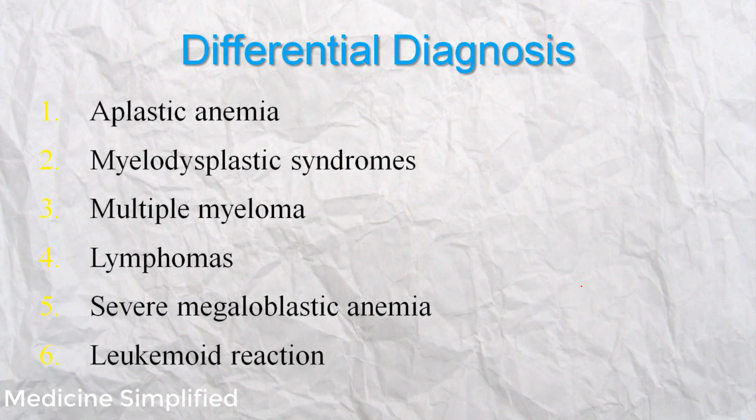Coming to the differential diagnosis, first one is aplastic anemia, second myelodysplastic syndromes, third multiple myeloma, fourth lymphomas, fifth severe megaloblastic anemia, sixth leukemoid reactions.